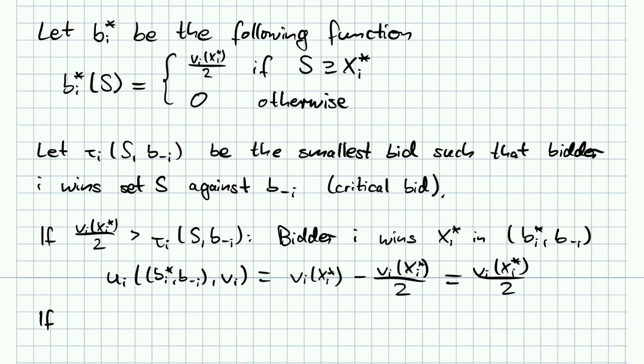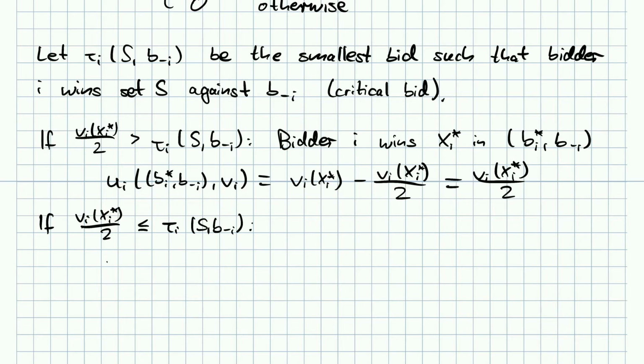Or, if this is not true, then we certainly know that your utility will still be non-negative and it will still be at least half your value for that set xi star minus the critical bid.